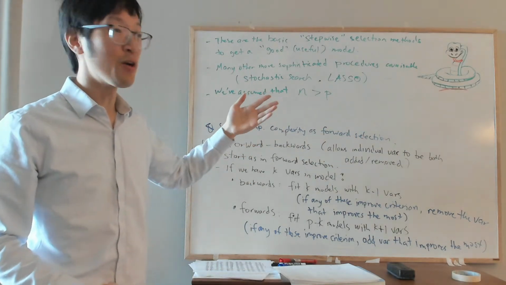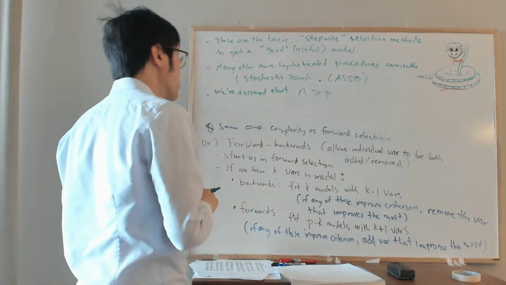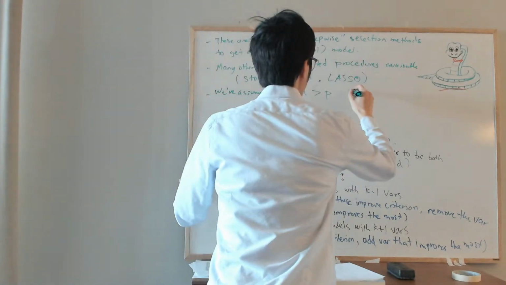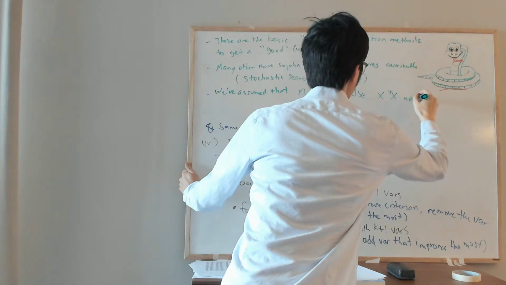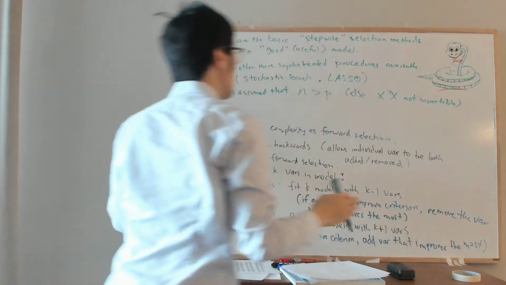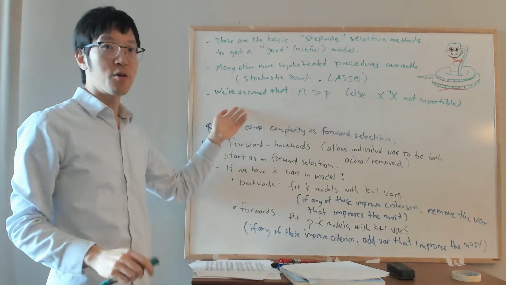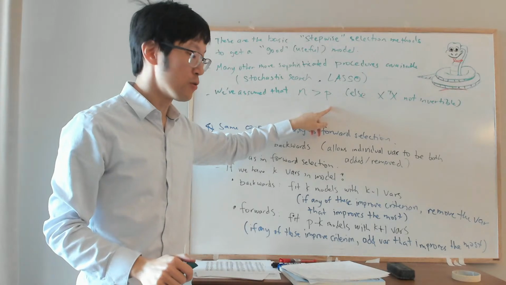Otherwise, X transpose X is not invertible. So this is the so-called classic regression setting, where we have more data points than predictors.